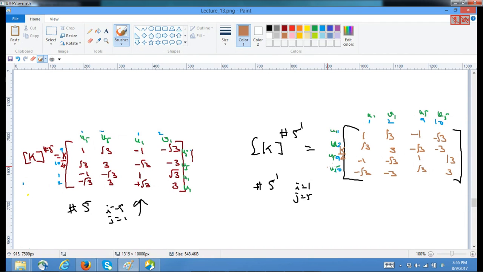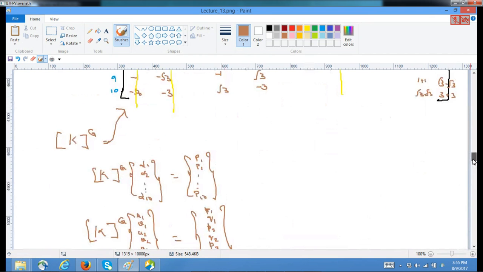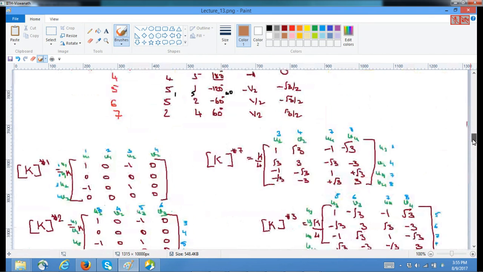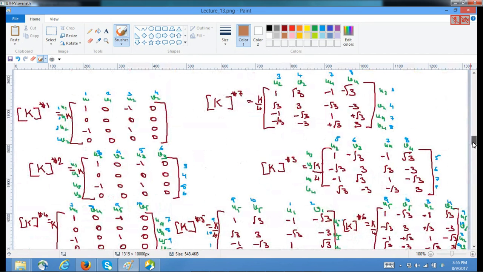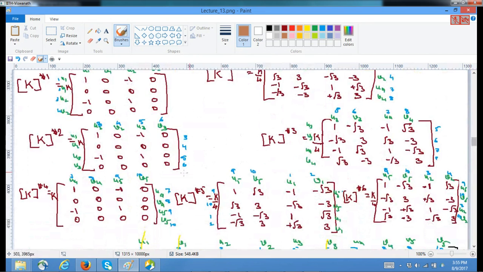I don't know how I missed it earlier. A minus sign is there in the fifth element. So I don't know how I missed it, but anyway, this would be correct, because the sum of all these rows has to be equal to 0.